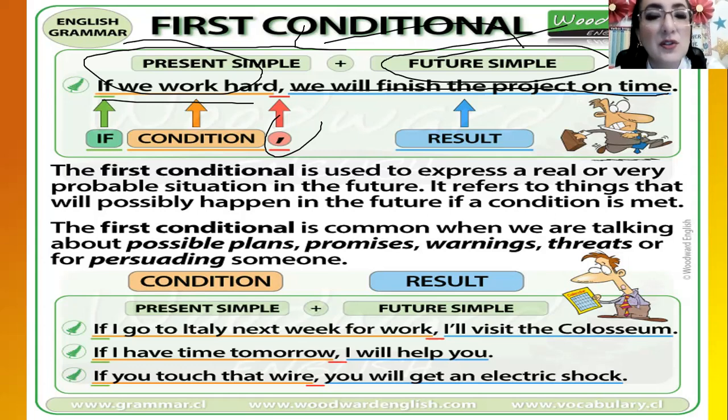Remember, we are going to be making use of the first conditional when we are going to be talking or expressing a real or a very, very probable situation in the future. And it is going to be referring to things that will possibly happen in the future, but if the condition is met, okay?